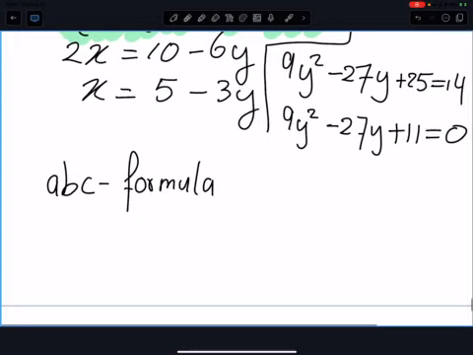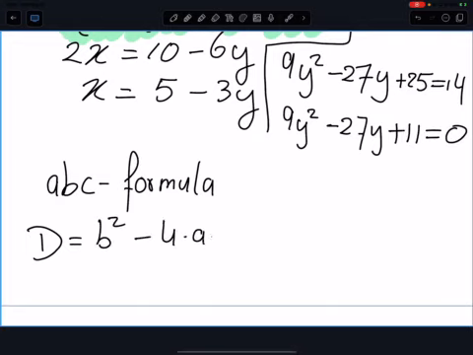The ABC formula says you find the discriminant first. And what is the formula for the discriminant? It's on the paper as well. So on your CSEC exam, the ABC formula is on the paper. It is b squared minus 4 times a times c.